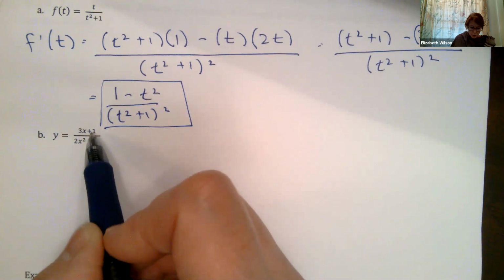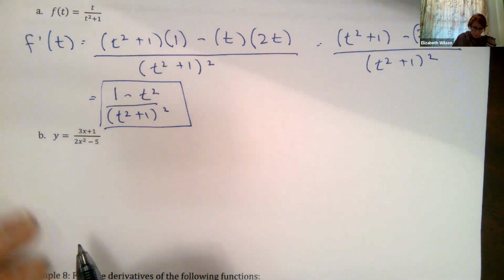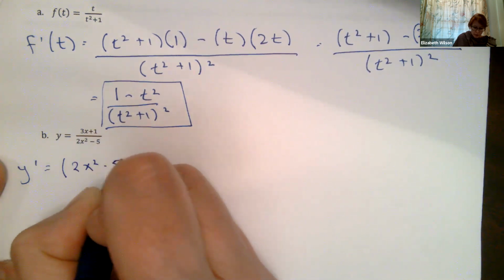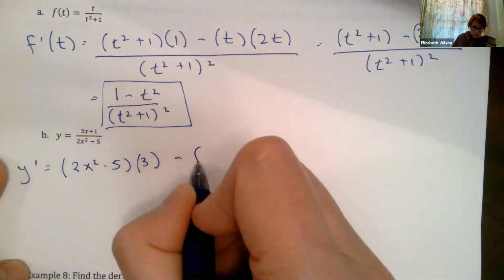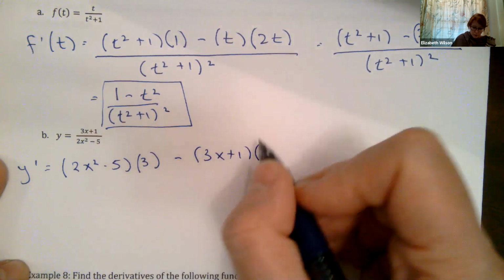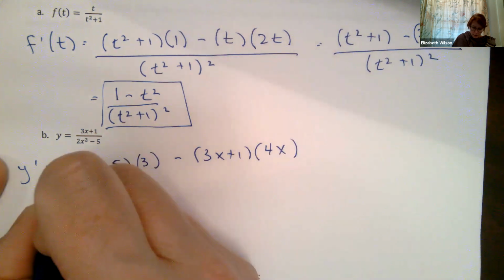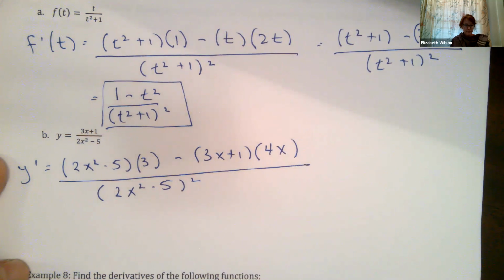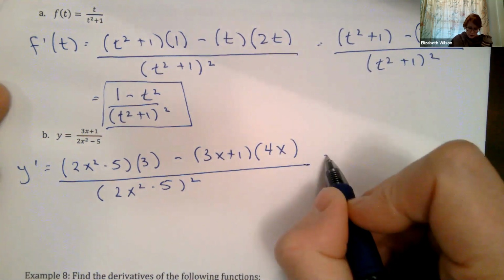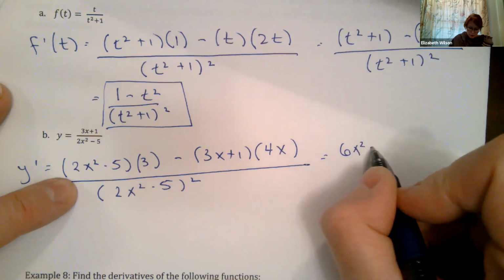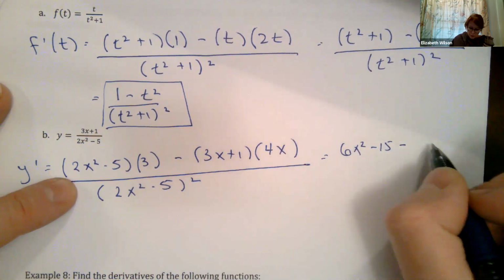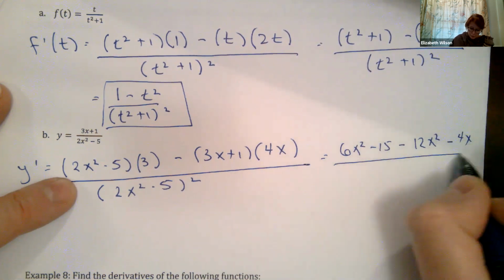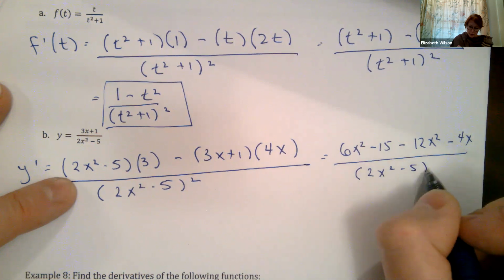Part B, 3x plus 1 all over 2x squared minus 5. My derivative: the bottom, 2x squared minus 5, times the derivative of the top, minus the top times the derivative of the bottom, all over the bottom squared. Okay, so this looks like 6x squared minus 15 minus 12x squared minus 4x, all over 2x squared minus 5 squared.